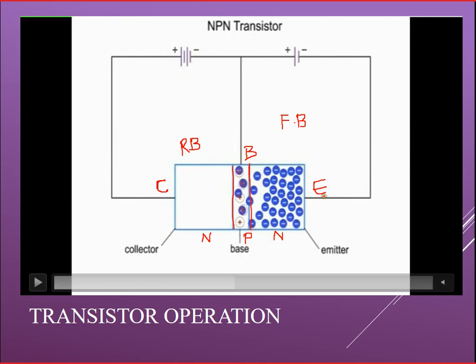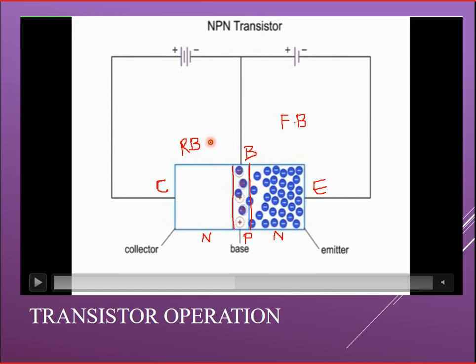I'm representing the emitter base junction. The emitter base junction should be forward biased. Here the base is P type and the emitter is N type. So how do I connect the external battery? P should be connected to the positive and N should be connected to the negative terminal of the battery. Only then will it become a forward bias condition.